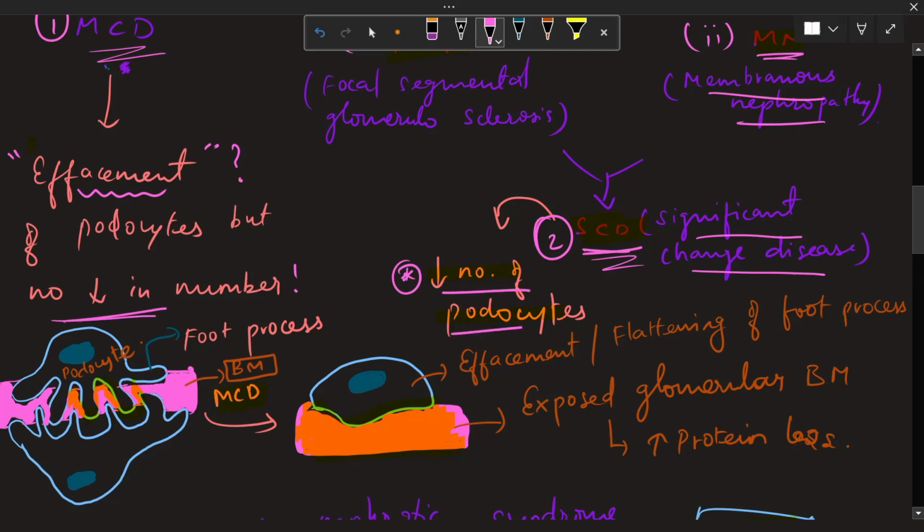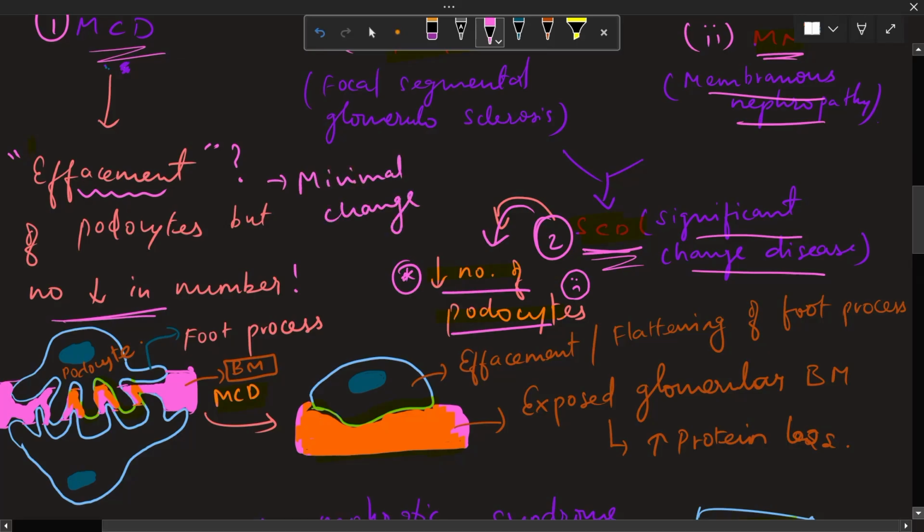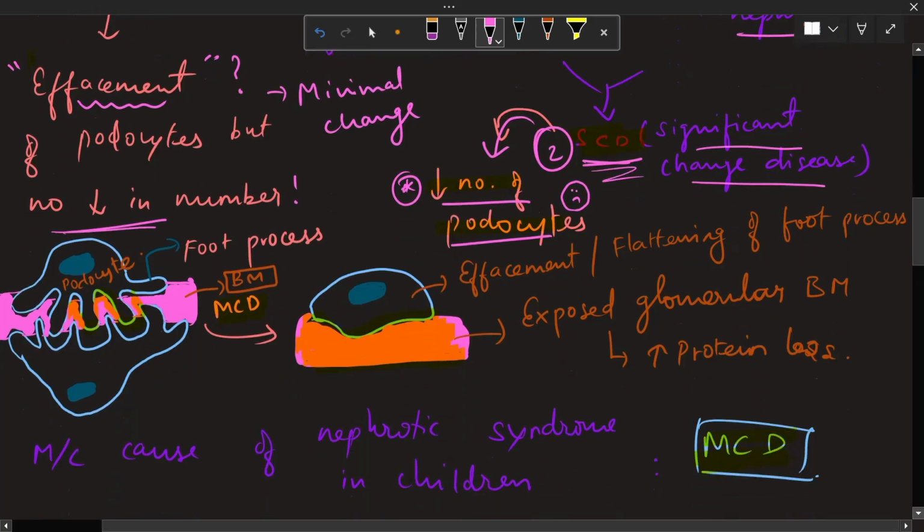So in MCD there will be no reduction in number of podocytes, so it is called minimal change disease. Only some minimal change is occurring in the podocytes, that is effacement. But in significant change disease there is a reduction of podocytes, so some significant change is occurring in the podocytes, right? So it is called significant change disease.